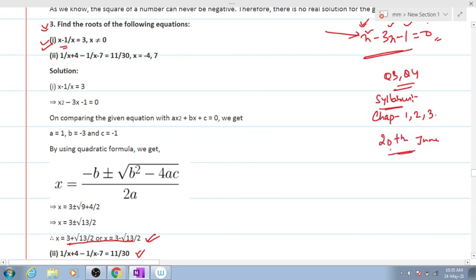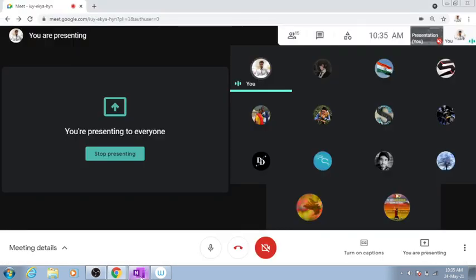This is a tentative date. We'll still get the date from the school. The actual date we will get from the school. This will be the tentative date for your exams. Clear, everyone? Clear, yes or no?